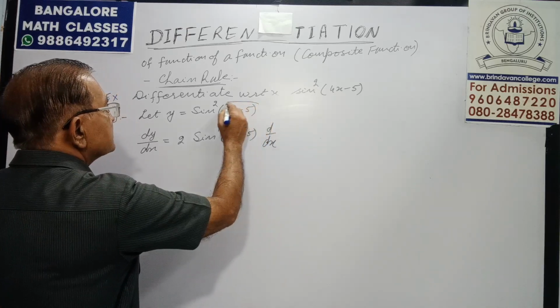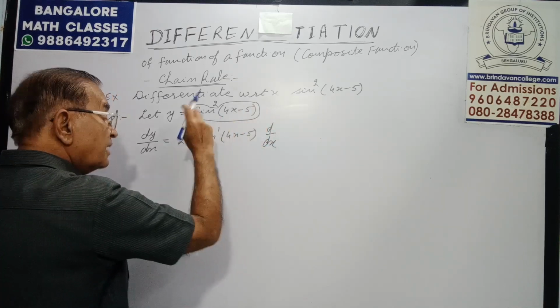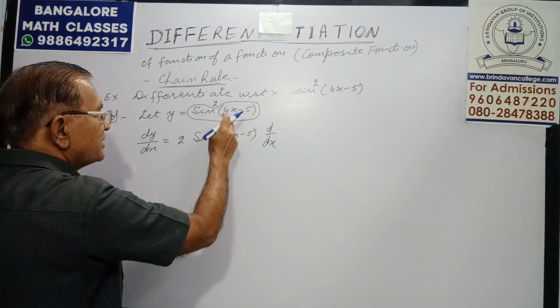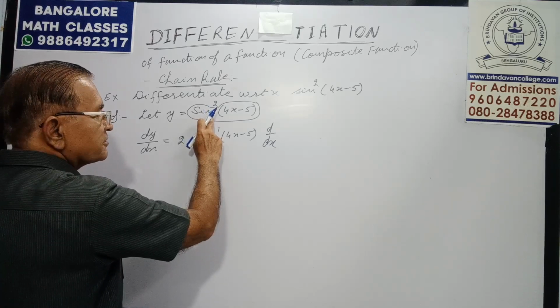that is d dx of this part, because it is not x, it's not x square, where we can take out power, subtract 1 from the power. It's a trigonometric function.